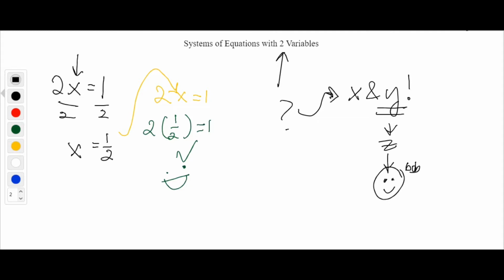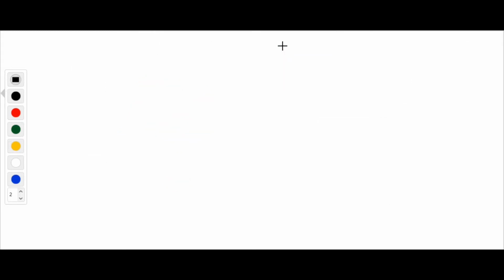Well, let's tune in and see if we can actually solve some of them. So for the first example, I'm going to write it in the form that I think is easiest to look at these equations in: y equals 2x plus 4, and y equals 3x plus 2.